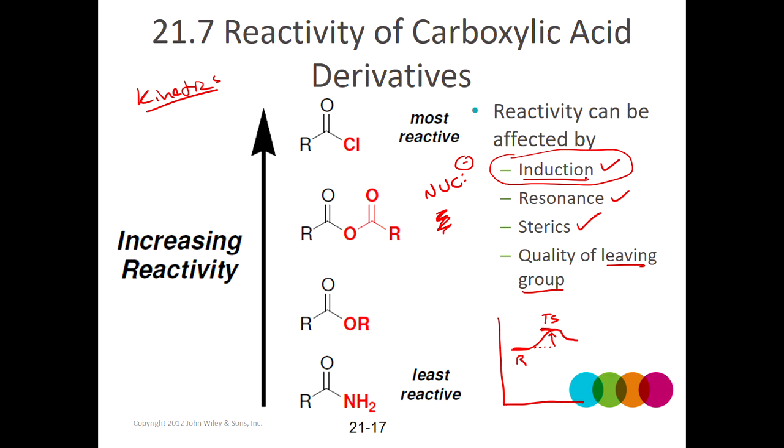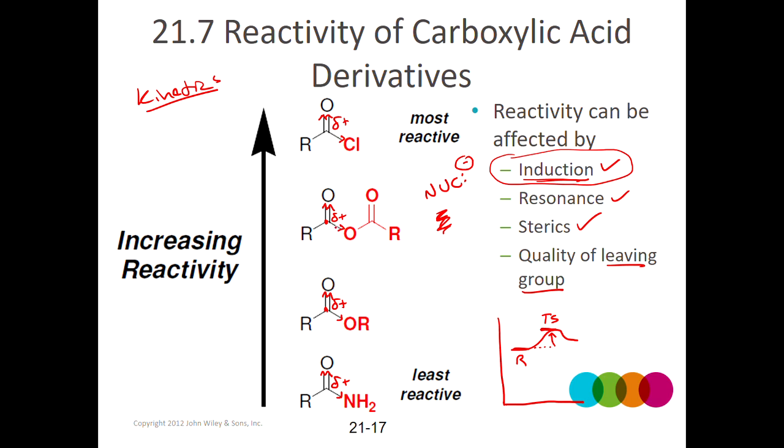So induction is relevant because if the atom attached is more electronegative than carbon, which each of these is, it pulls electrons away from carbon, in addition to the induction that we've already talked about from this oxygen pulling electrons away from carbon. So just from induction, this carbon in each one of these cases is carrying a lot of partial positive. Even more so here and here, because oxygen's more electronegative than chlorine or nitrogen.